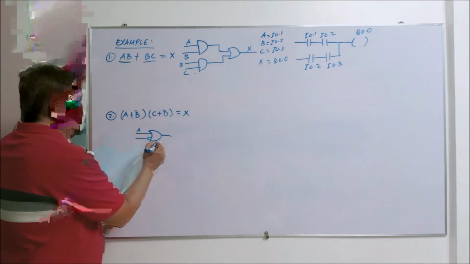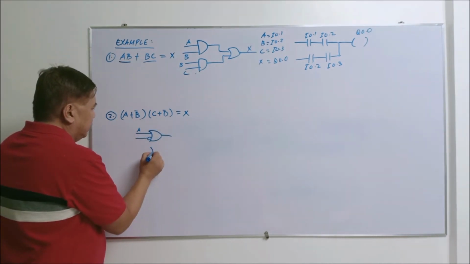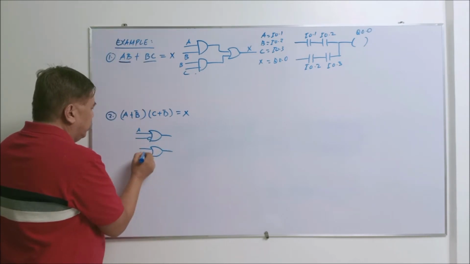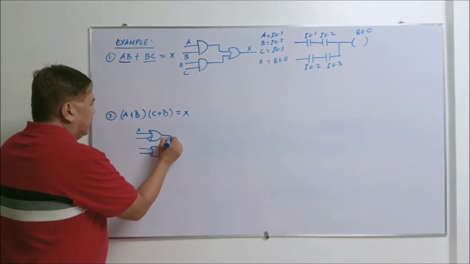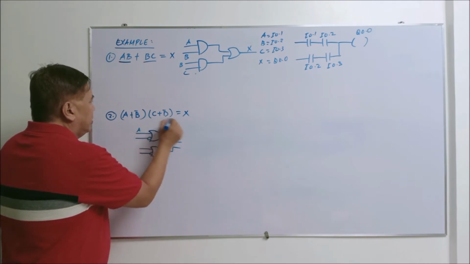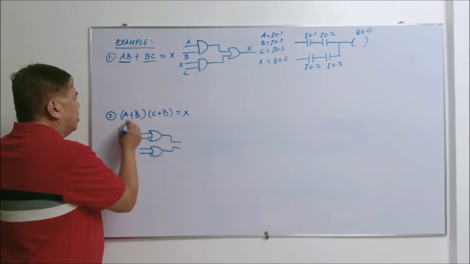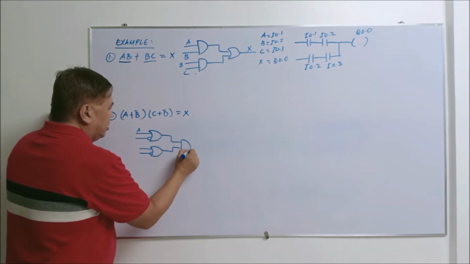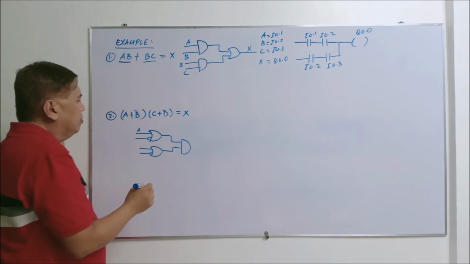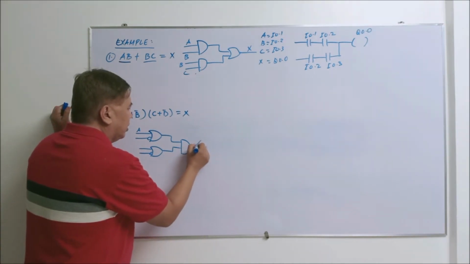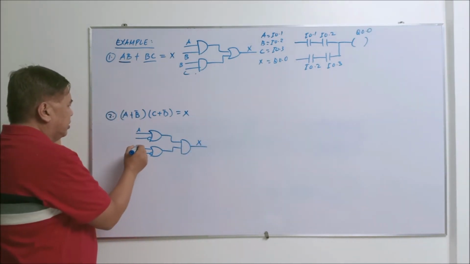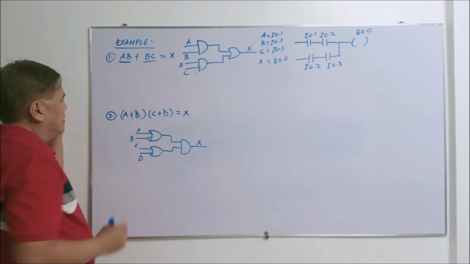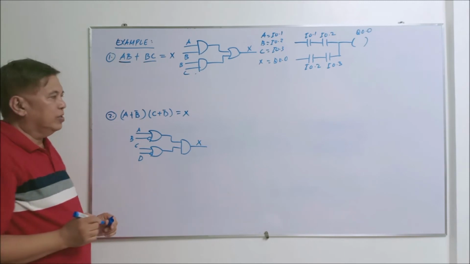Then another OR gate, then C, and your D here is complemented. The outputs of A plus B bar and C plus D bar are being multiplied together to produce an output X. So that is your logic circuit equivalent.